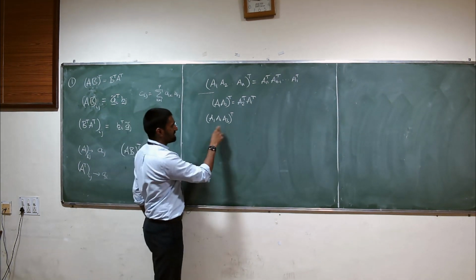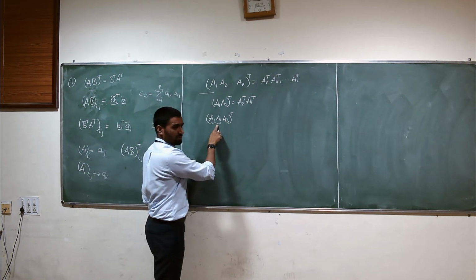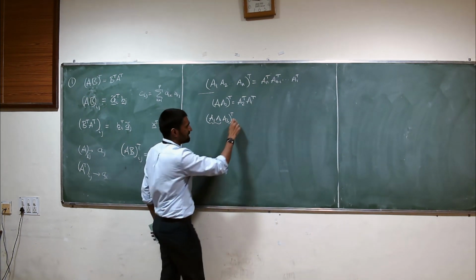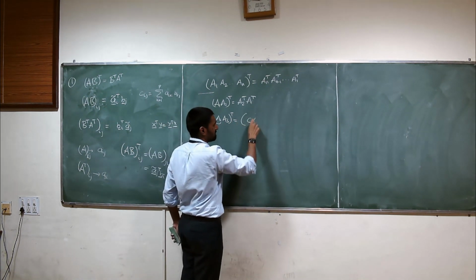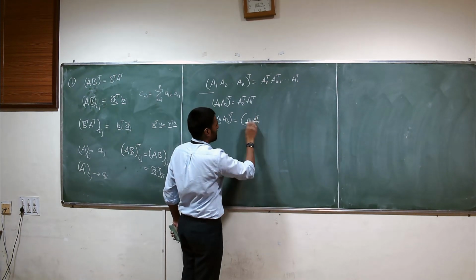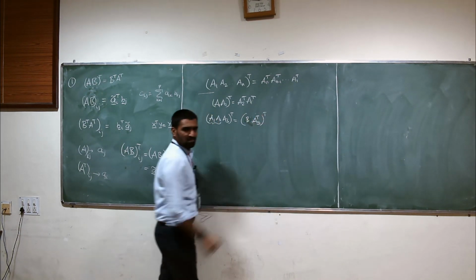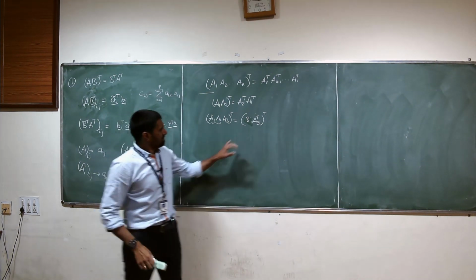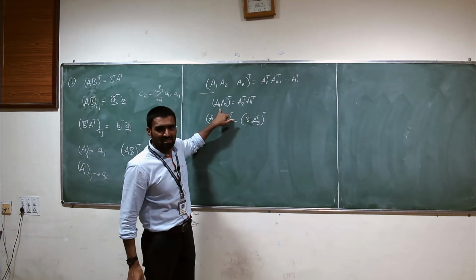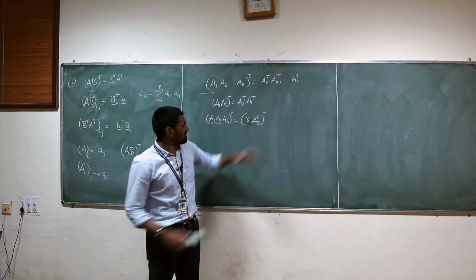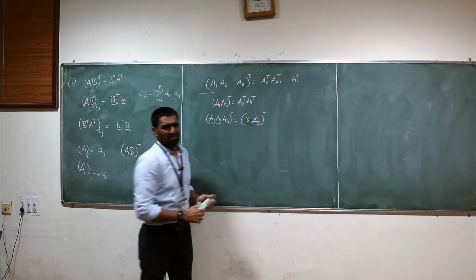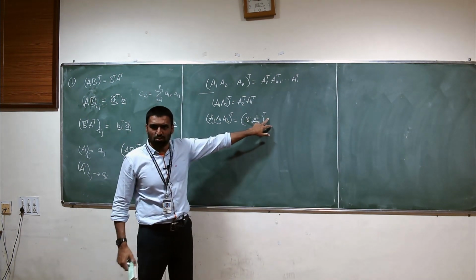Well, one way to understand this is, if you multiply the first two, let's say you get a matrix C. So I can write it as C times A3, and we call that B. Now this is in the form of a product of two matrices and its transpose.